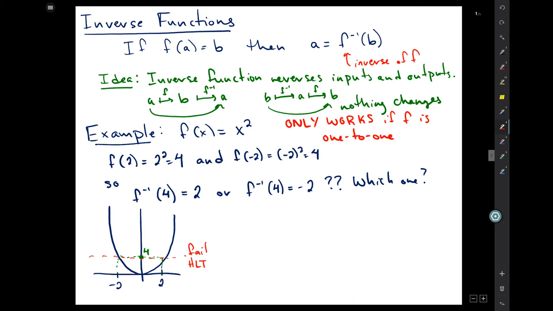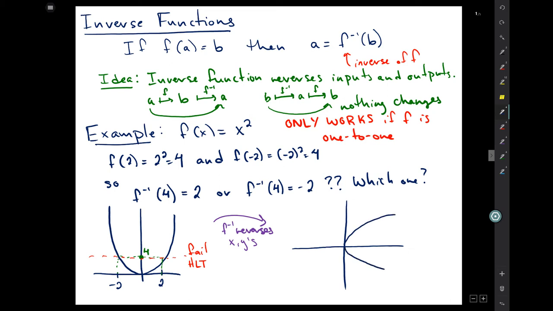Now, if my inverse function is going to reverse my inputs and outputs, so f inverse reverses the x's and the y's, that means that for my graph of f inverse, I'll just swap my two axes.